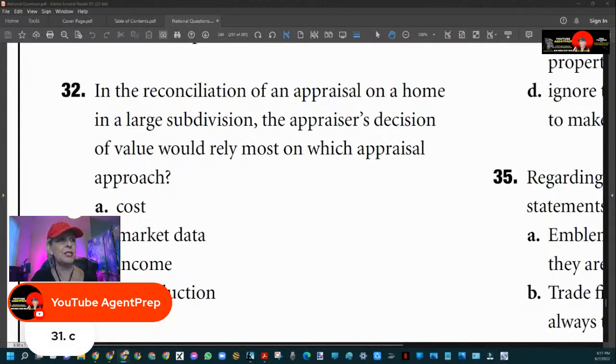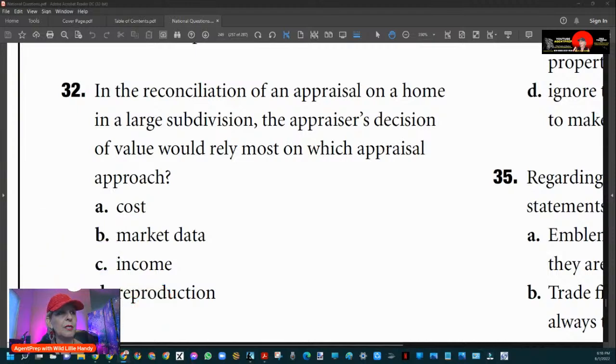All right, number 32. In the reconciliation of an appraisal on a home in a large subdivision, the appraiser's decision of value would rely most on which appraisal approach? Okay, so the appraiser goes in and appraises it in this particular subdivision. There are a lot of homes that have sold, are pending, or are currently active.